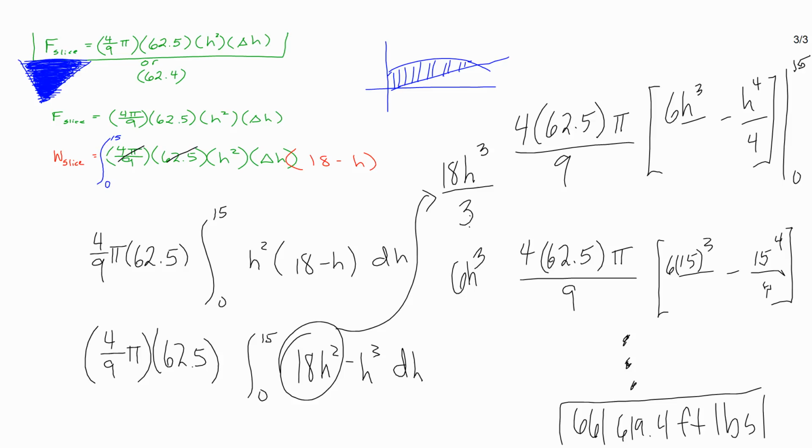What happens to the original change of age? You distribute this here, 18h squared, h cubed.